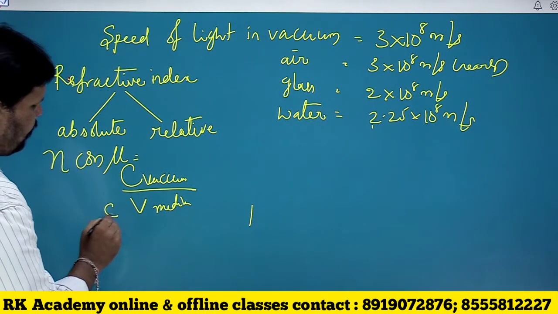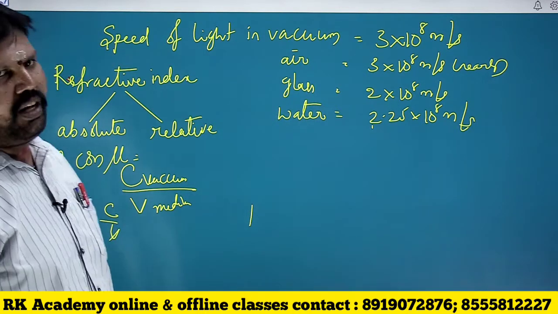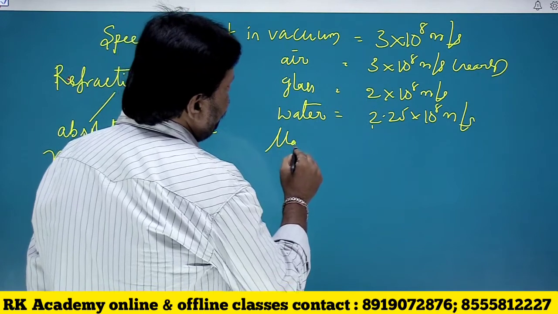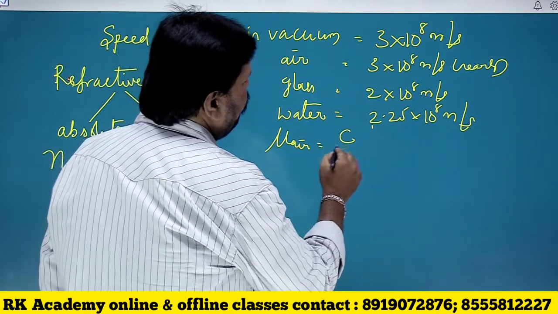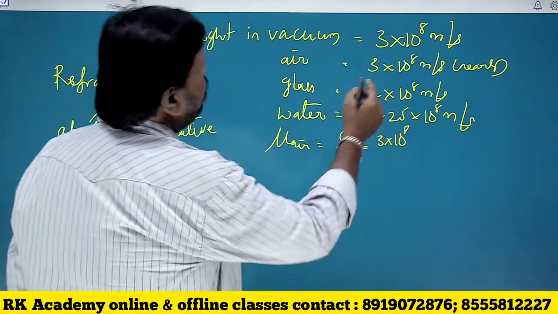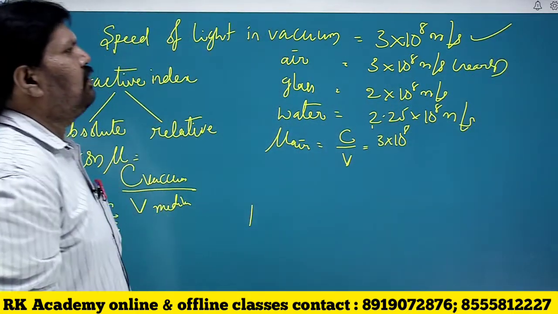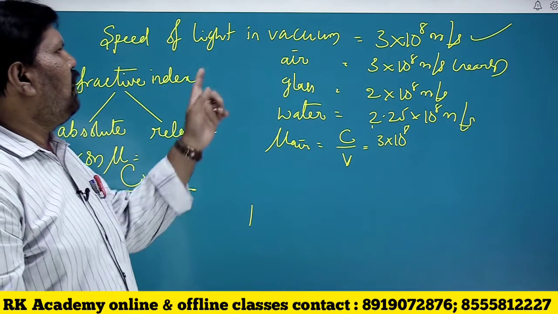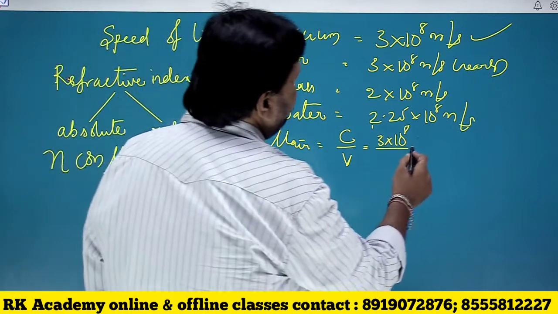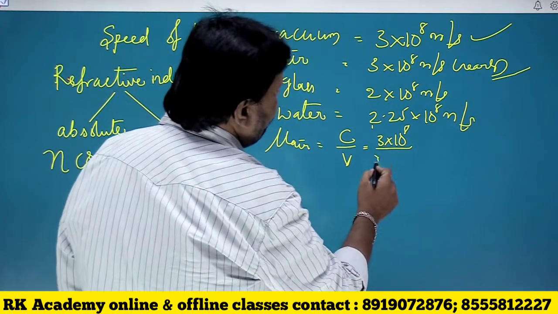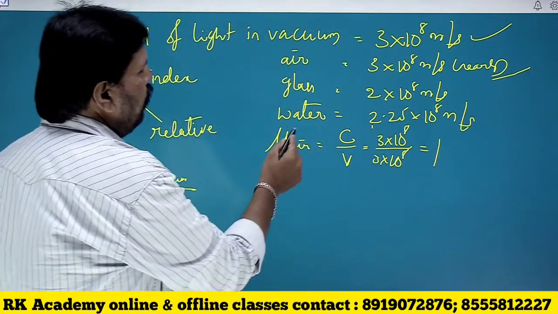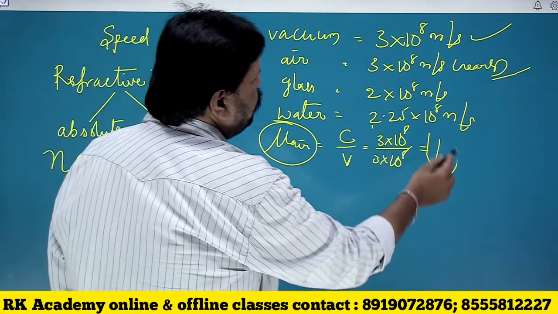So formula is C by V. For example, refractive index of air. Formula C by V. C means 3 into 10 to the power of 8. This is the speed of light in vacuum, 3 into 10 to the power of 8. And in air, this is also approximately 3 into 10 to the power of 8, that is equal to 1. So the refractive index of air is 1.